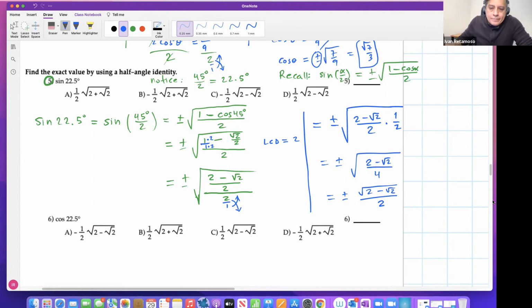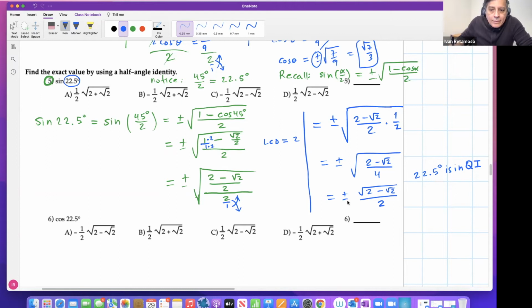Now, what to do with the sign? Again, pay attention to this, right? This angle, 22.5 degrees, is in Q1, quadrant 1, right? So this has to be positive.